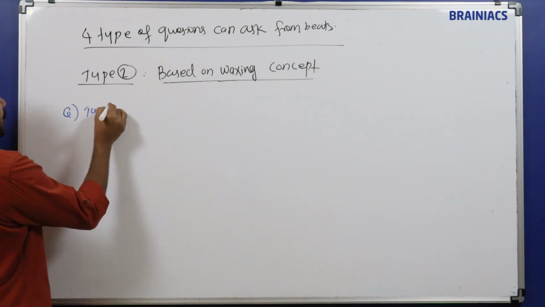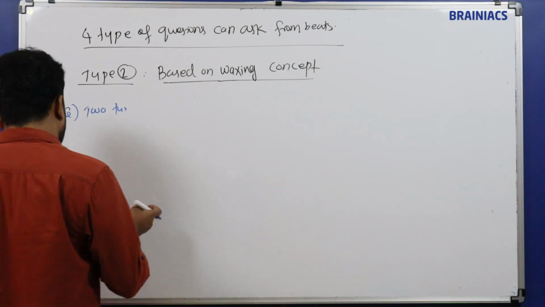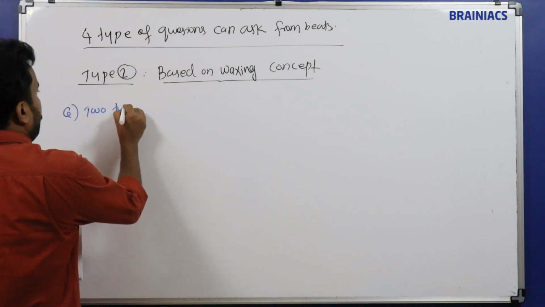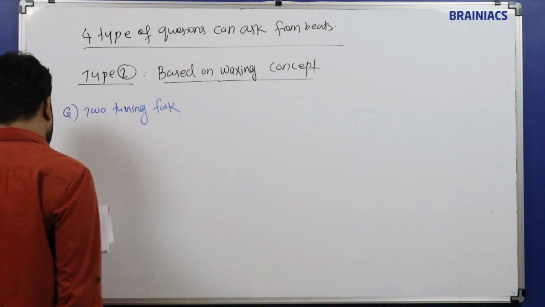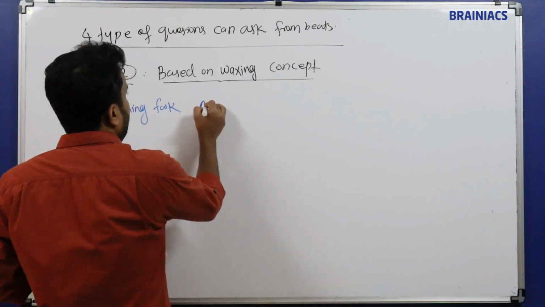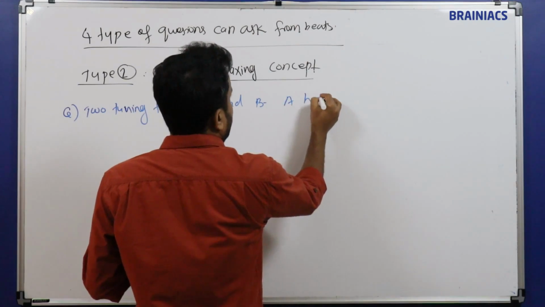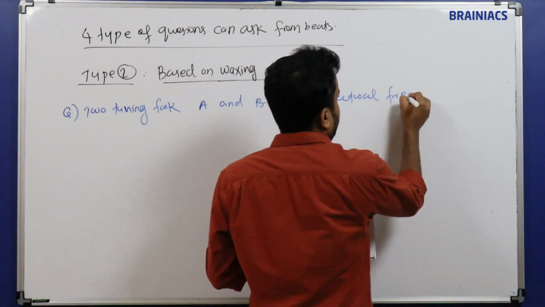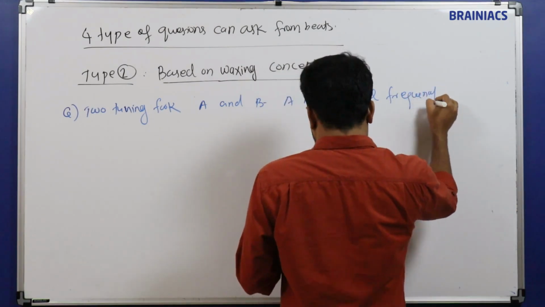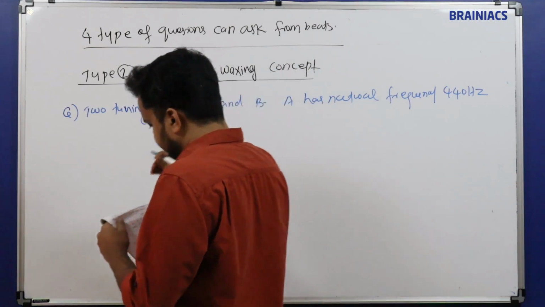Two tuning forks, A and B. A has a natural frequency of 440 Hz.